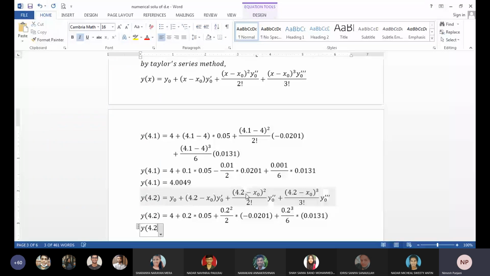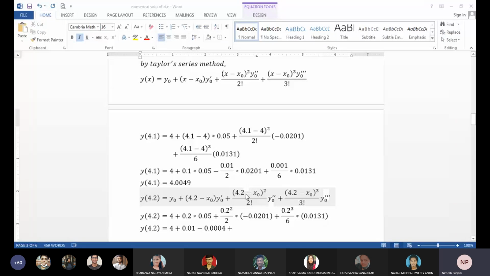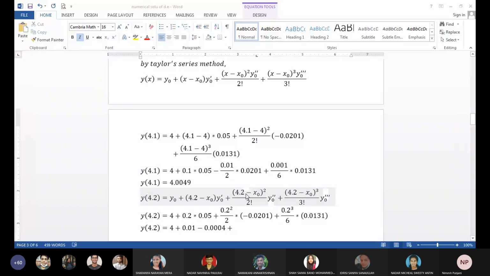So this turns out to, now we need to calculate this. Okay, so it is 4 plus 0.2 multiplied by 0.05, that is 0.01, minus 0.2 ka square divided by 2 multiplied by 0.0402, plus the last term, it is 0 in the sense that we are taking up to 4 decimals, no?